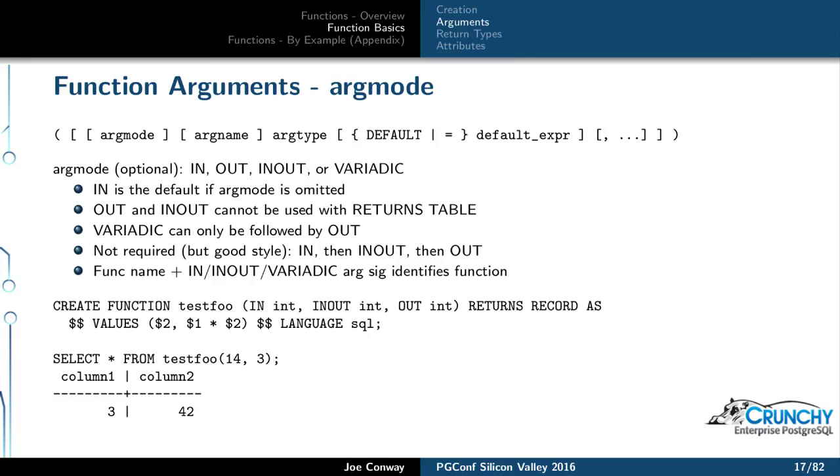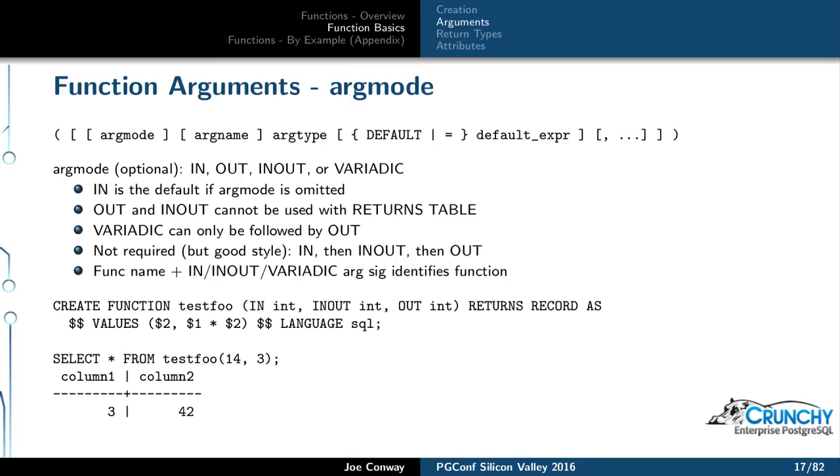So here's an example where I'm creating an in argument, an in-out argument, and an out argument. It returns this amorphous type record. This is one of those pseudo types I was talking about before. It doesn't really, in and of itself, stand for anything, but these two out arguments have defined the return type to be basically a pair of ints. You may or may not have ever seen this syntax.